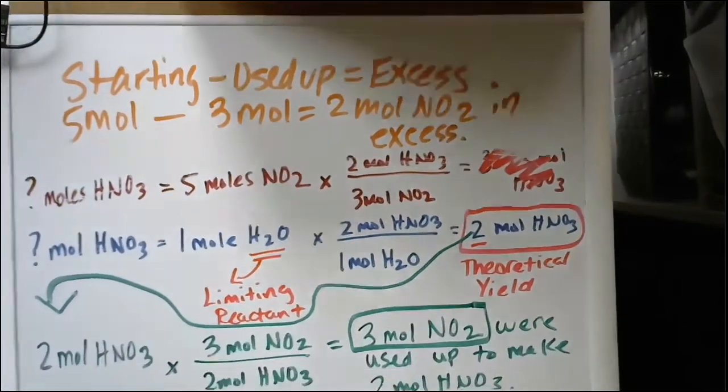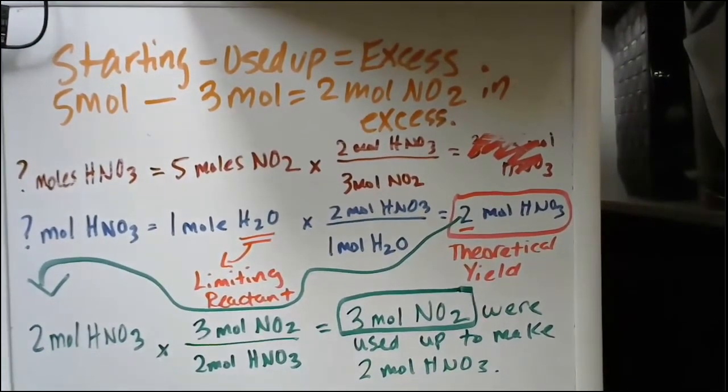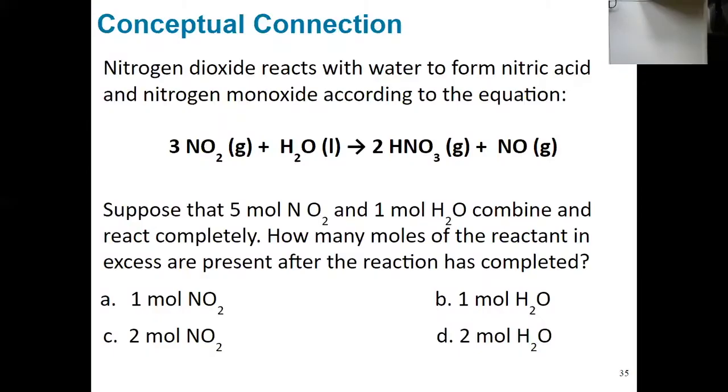Okay, so these are the steps for every theoretical yield problem where you need to find the theoretical yield, the limiting reactant, and how much excess reactant remains. Okay. So we come back here to our question, and it should be no surprise to us that the choice is 2 moles of NO2 are present after the reaction has completed.